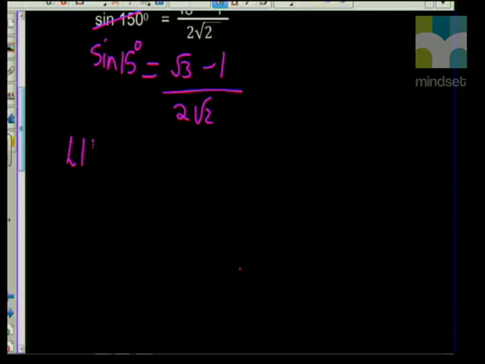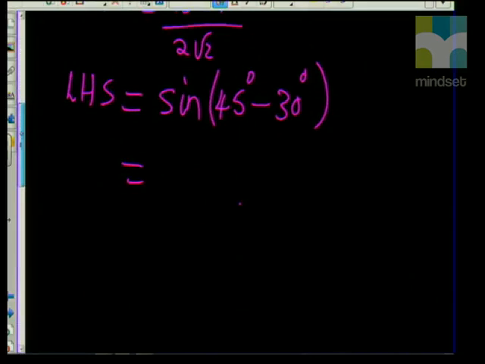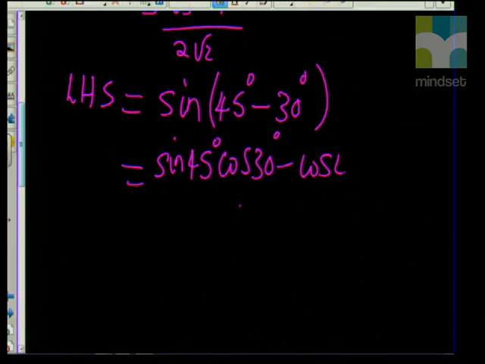Now you have to make sure that you change that 15, you write it with your special angles, and at the end of the day it should give you your right-hand side. So I take the left-hand side. This is sine of 15. Now we take the special angles. We can take 45 degrees minus 30 degrees. The sine of 45 minus 30 is sine of 45 cos of 30 minus cos 45 sine of 30 degrees.